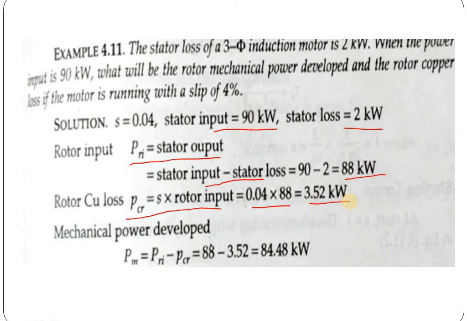From there, mechanical power developed will be PM equals PRI minus PCR, that is 88 minus 3.52, 84.48 kilowatts, that is the mechanical power developed. So the total thing is, rotor input we have calculated, rotor copper loss we have calculated, and mechanical power developed we have calculated.